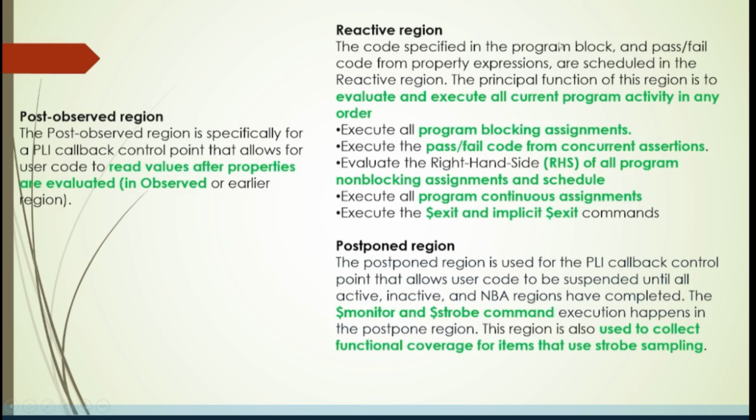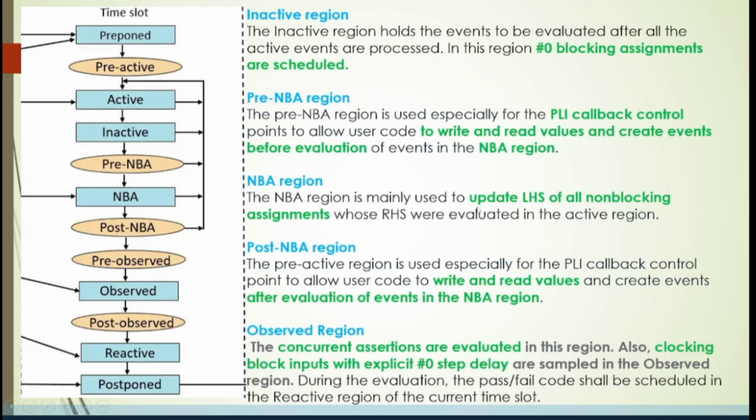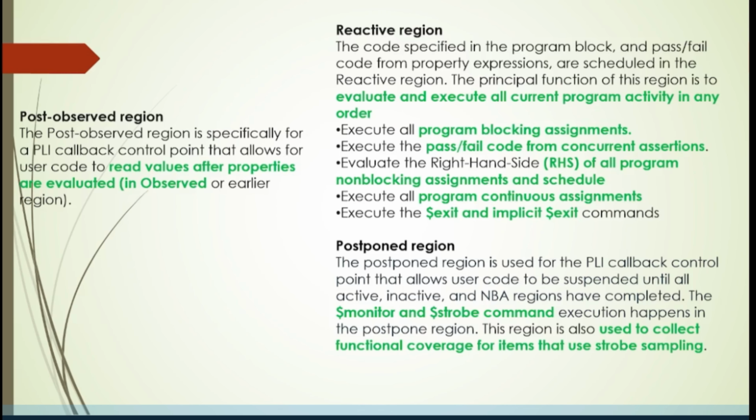Basically, whatever you write in a program block, and the pass/fail codes from property expressions, like I already told you, in the observed region the concurrent assertions will have some pass/fail conditions. So these pass/fail conditions, and also the statements that you are writing within the program block, are all scheduled in the reactive region, right?